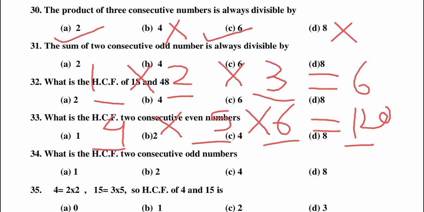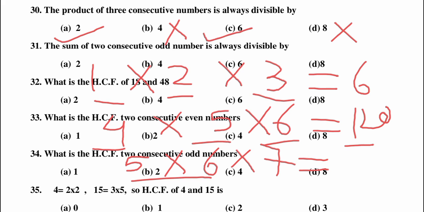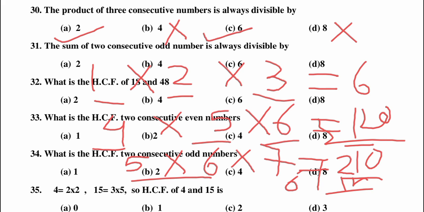Now we check for 5, 6 and 7. 5 sixes are 30, 30 sevens are 210. Now we check, can we divide it by 2? Yes, we can divide it. Can it be divided by 6? Let's check. Yes, we can divide it by 6.